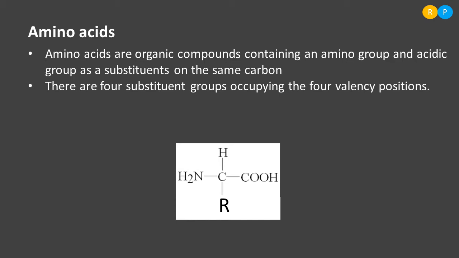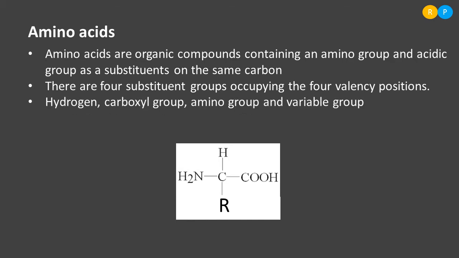Other than these two, we can notice hydrogen at one end and a variable group at the other end. R means variable group, right? So totally there are 4 different substituents attached to the single alpha carbon: hydrogen, the carboxyl group, the amino group and the variable group. R is nothing but the variable group. This is the basic structure of amino acids.